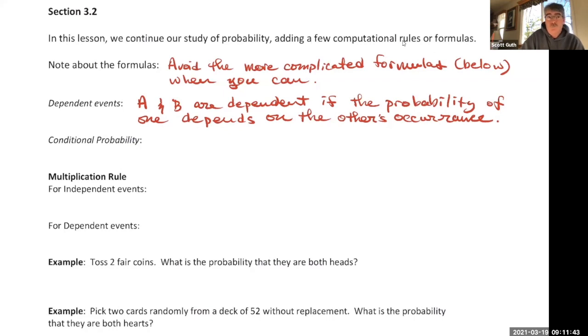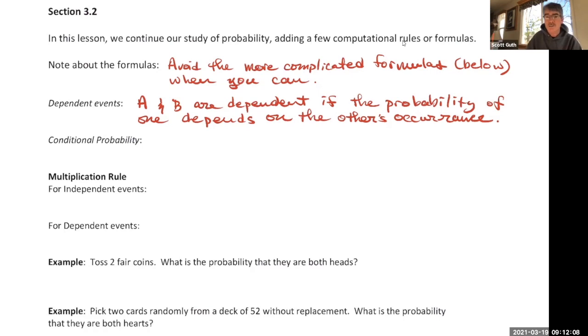And the reason why is just because males are higher risk. We get in more car accidents. So the probability of getting in an accident depends on whether you're male or female. And so those are called dependent events. That is, being in an accident is dependent on your gender. Okay. So they influence each other.